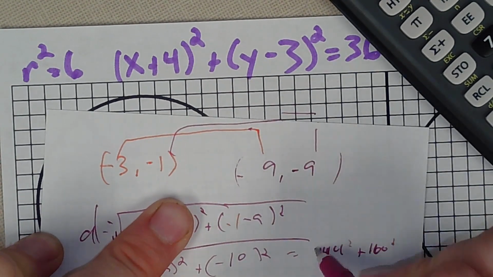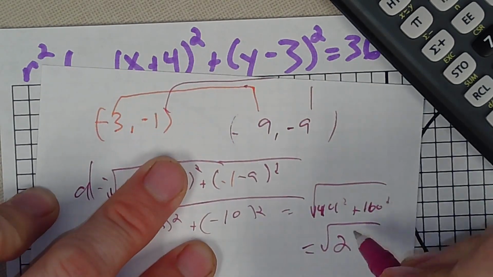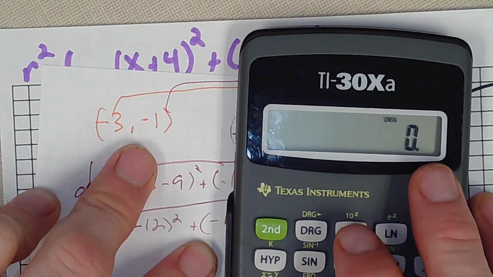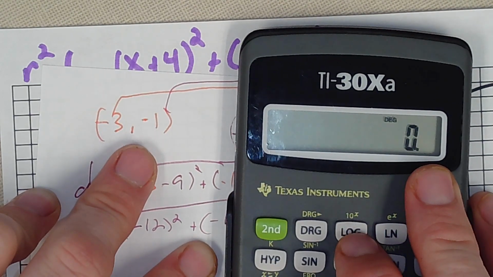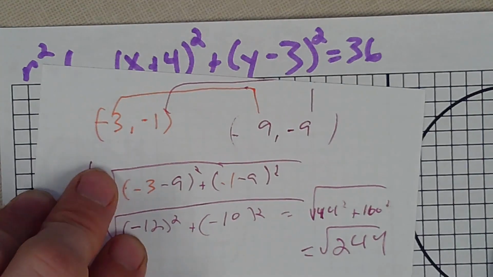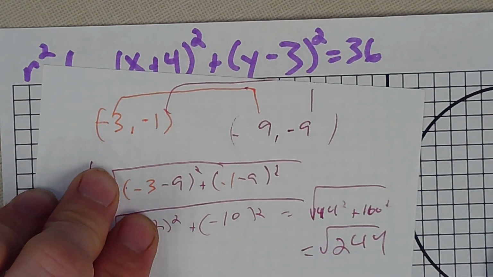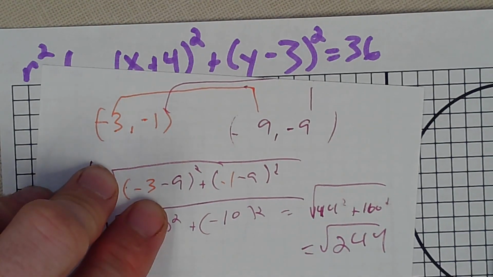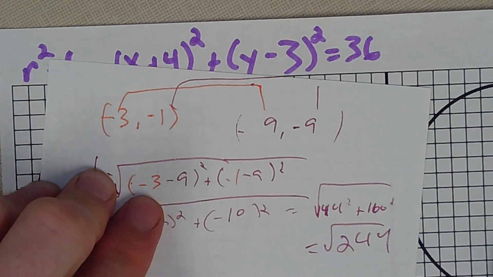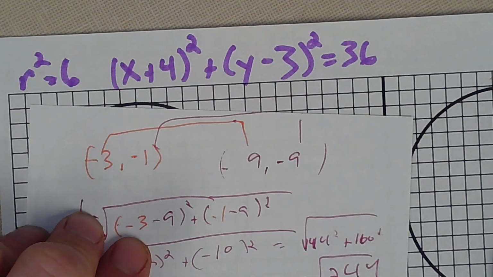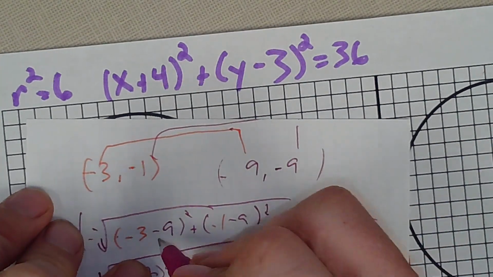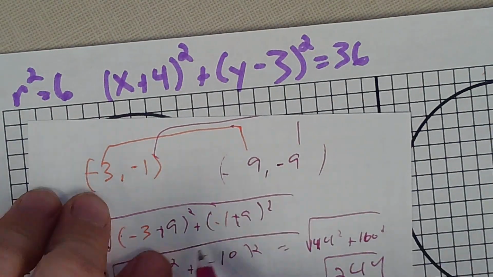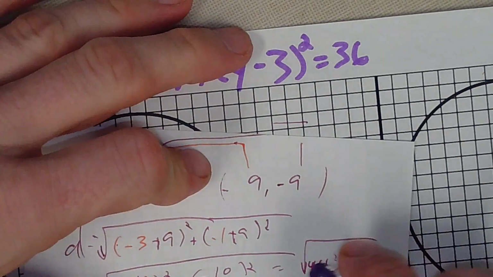So that's the square root of 244. Oh, hold on a second. This should be a plus, and this should be a plus because it's minus a negative. This is minus a negative, so it's going to be -3 plus 9. So it's going to be 6. Excuse me about that.